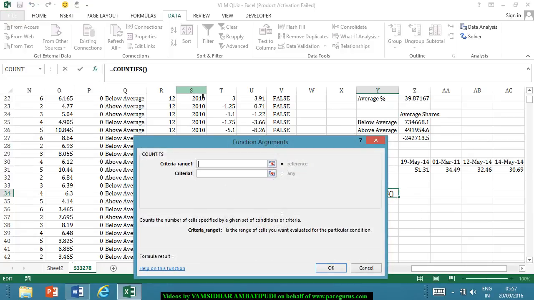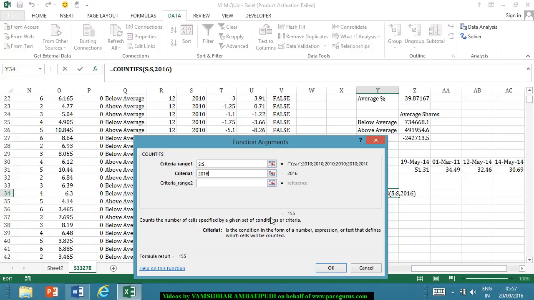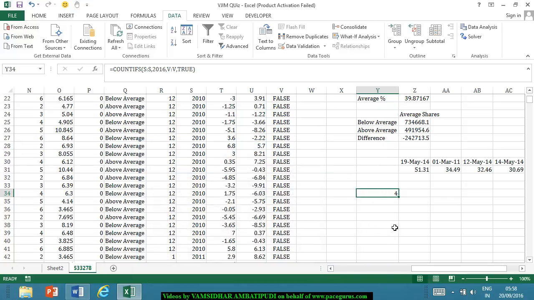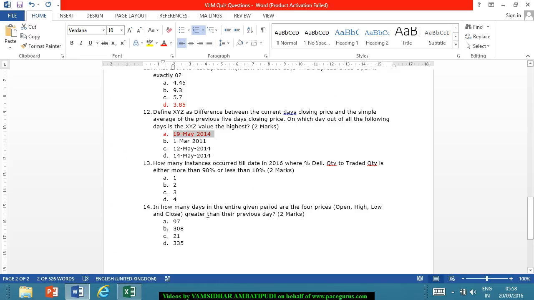So I will set this year to be 2016, and the second thing is this value should be equal to true. So when I find out, it is coming out as 4. So there are 4 instances in 2016 where the percentage delivery to the traded quantity is either greater than 90% or less than 10%. So I'll mark this answer as 4.